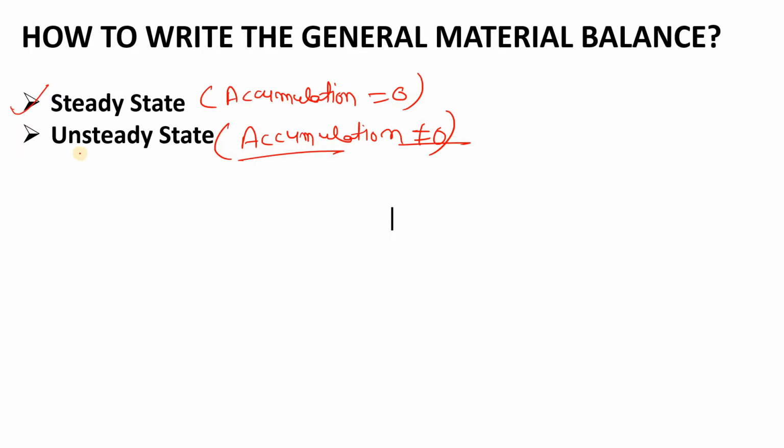In the unsteady state your variables are going to change with time, but in steady state your variables are not going to change with time. So first we will go ahead with respect to steady state, but in practice we deal with the unsteady state. Okay, so let's go ahead with the steady state.